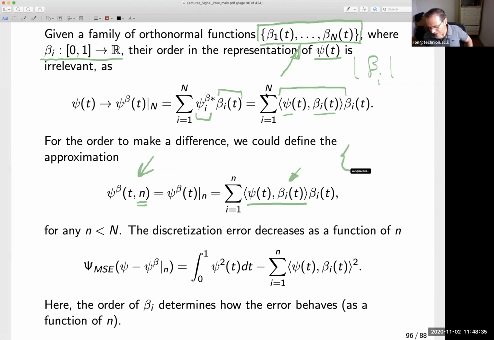Okay, so I'm truncating it here at n, which is smaller than capital N. So what would happen to the discretization? And we call it discretization error. And obviously, the more n we have, the larger n, the smaller the discretization error would be.